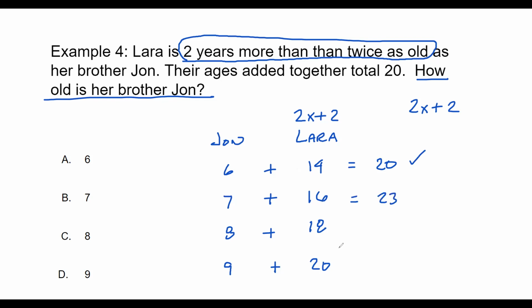Here, they're added together would be 23. These added together would be 26. And these added together would be 29. Only one of these can work. And that tells us that John must be 6 years old. Laura must be 14 years old. And their ages added together total 20.